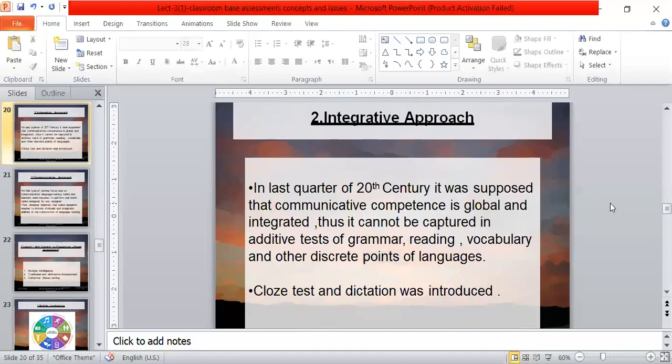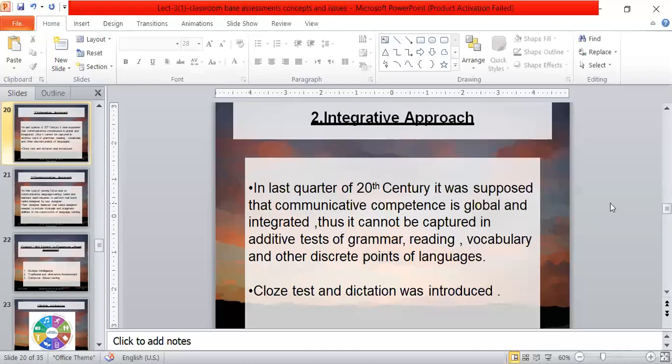Thus, it cannot be captured in additive tests of grammar, reading, vocabulary, and other discrete modes of language, because the communicative concept was part and parcel of grammar, reading, vocabulary, and discrete points of language.